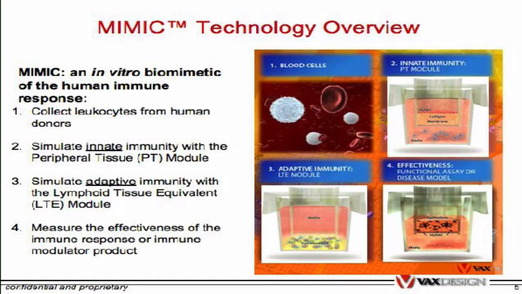The primary cells that we use are autologous for each test. And what I mean by that is we maintain the autonomy of the individual donor in the test from the beginning to the end. So the response that we see in any particular test remains the response of that individual's cells.